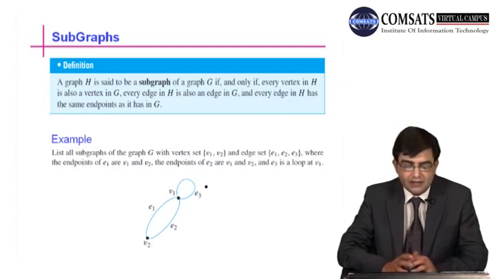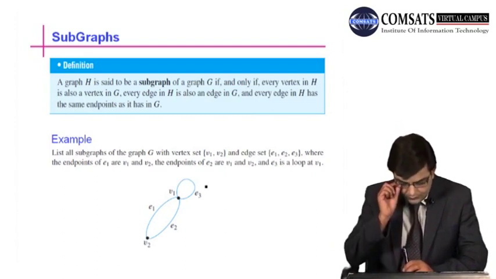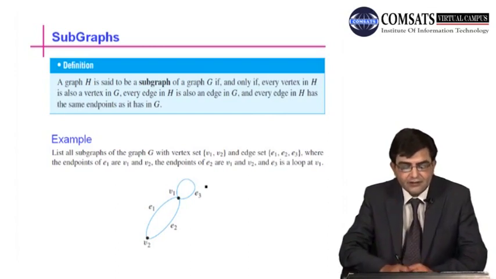Any graph we can denote by a capital letter, so here we are denoting the graph by a capital letter H. H is a subgraph of G if and only if every vertex in H is also a vertex in G, and every edge in H is also an edge in G, and every edge in H has the same endpoints as it has in G.